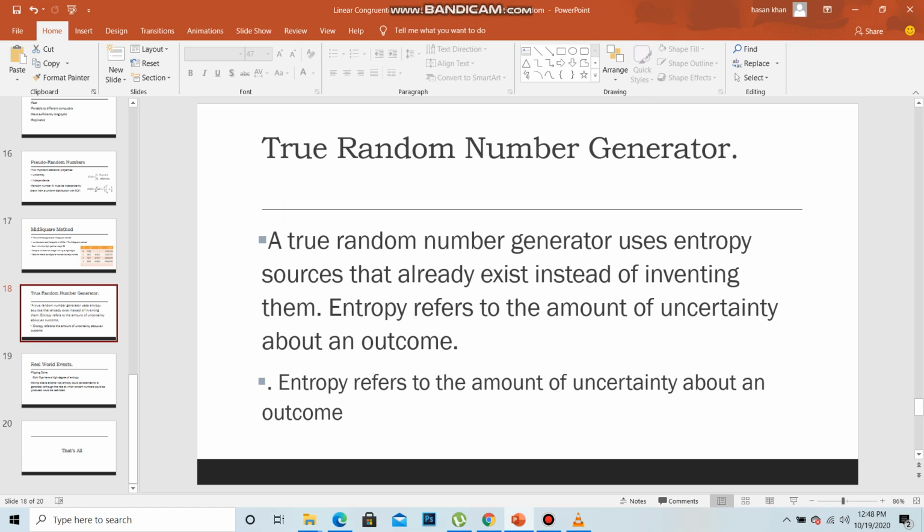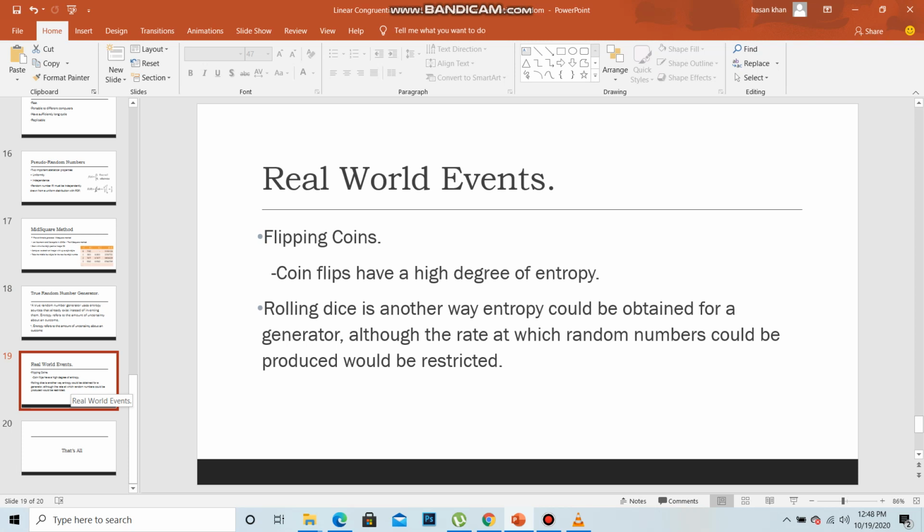Entropy, as explained before by Hassan, is the amount of uncertainty about an outcome. Now we can see a real world example, which is flipping coins. Coin flips have a high degree of entropy.